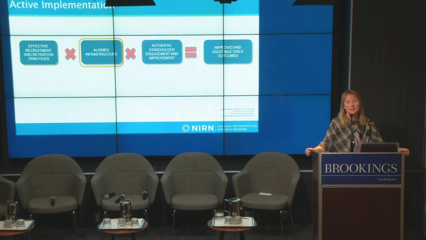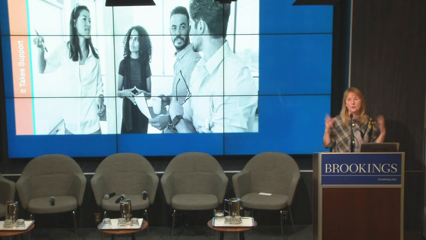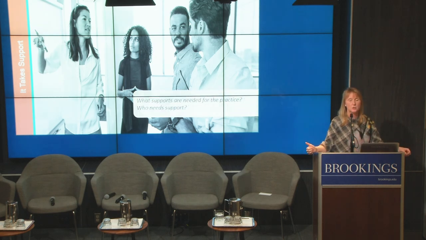This middle piece is around aligned infrastructure. If we think about the fact that you've gone through your contextual fit analysis, you've made a selection, potentially around a recruitment or retention practice that you want to use, you then have to ask these questions. What supports are needed for practitioners to do the practice well?